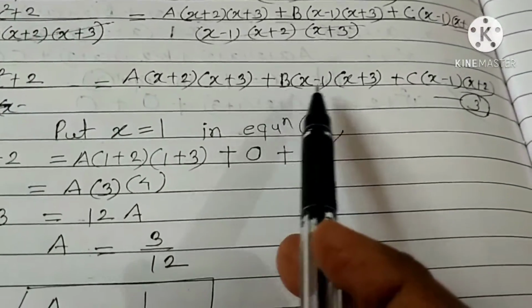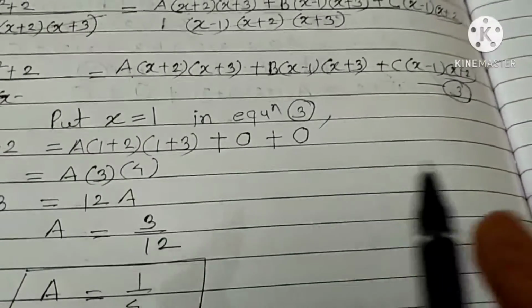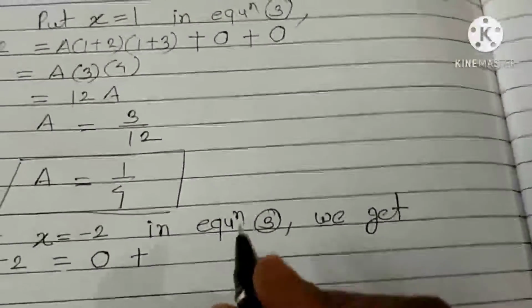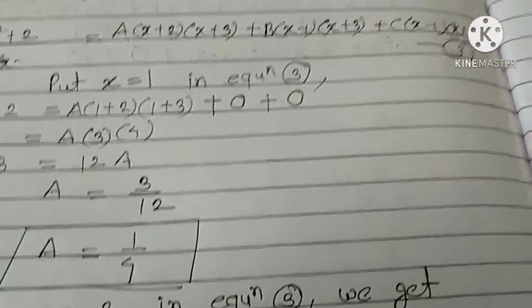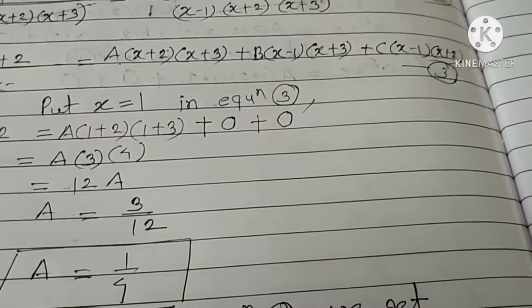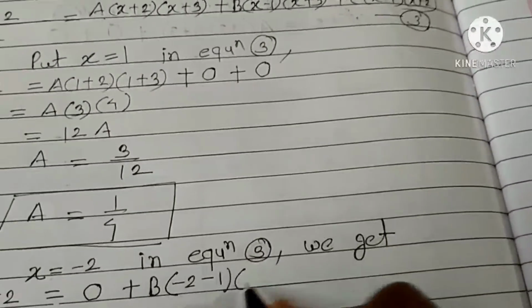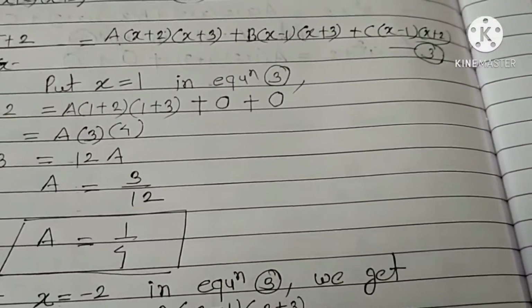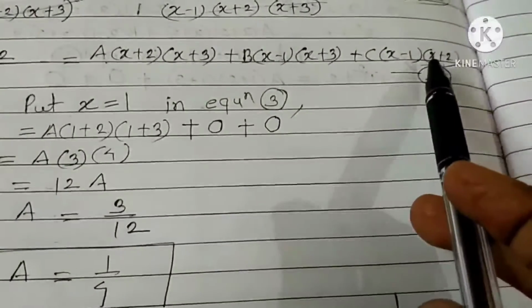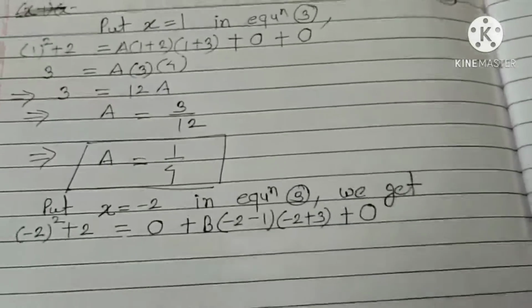Now if we take b, a into x minus 1 x plus 3. So b is equal to, here write b and write minus 2 minus 1 minus 2 plus 3 plus, here also minus 2 plus 2 is 0. So it will become 0.